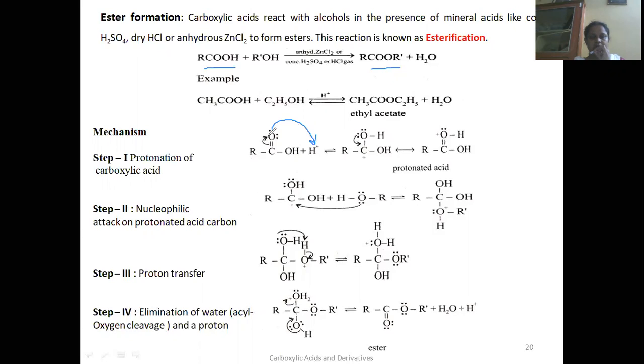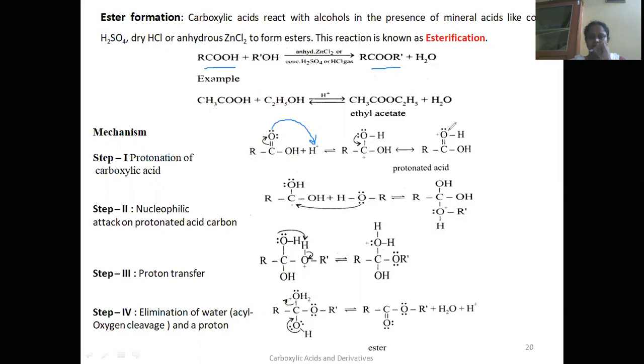Among these three lone pairs, one lone pair is donated to this H plus, forming an OH bond. Therefore, two will be there now.